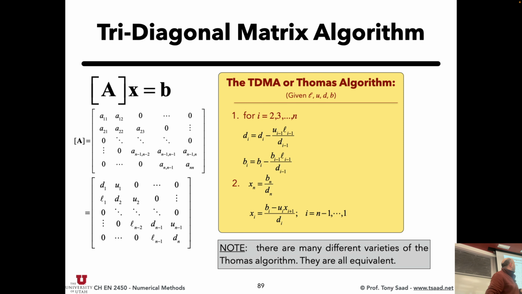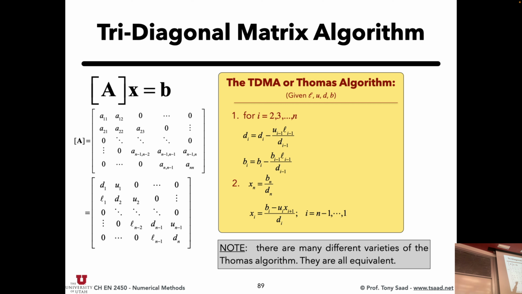This is what the algorithm looks like. You start from 2, remember, equation 1 was untouched. So we start with equation 2, for i going from 2 to n. We take d2. The new d2, or d2 prime, is equal to d2 minus u_{i-1} l_{i-1} over d_{i-1}. Exactly what we did in the formulas in the slides before.